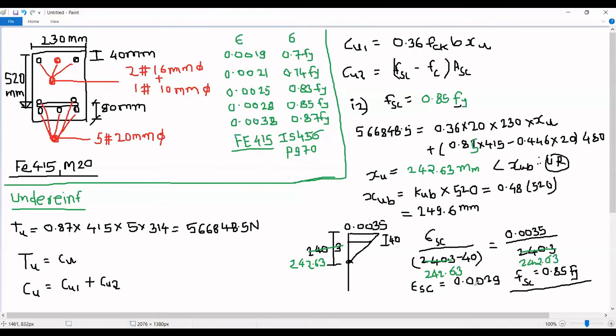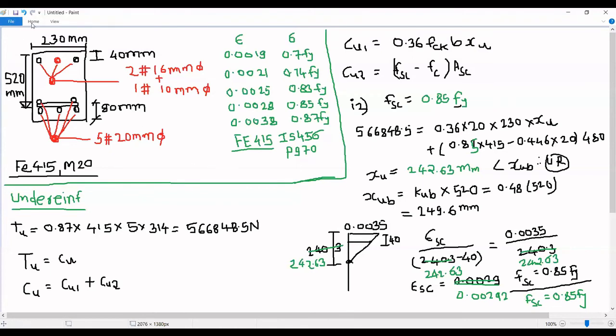If I do that, let me see what the strain in steel works out to be: 0.00292, which is not much different than 0.0029. Therefore, FSC for this strain is going to be equal to 0.85 Fy, which is equal to the assumed value of FSC. Therefore, we say that the iteration has converged and the correct value of FSC is 0.85 Fy.